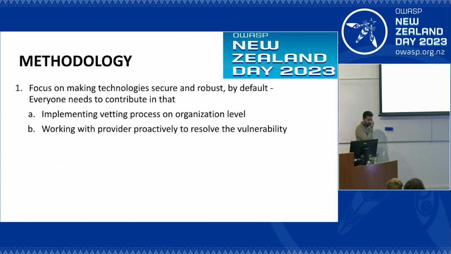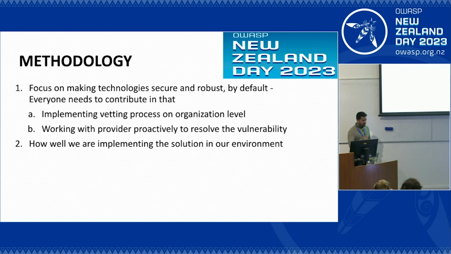Whenever we identify something, we work proactively with that vendor. As a software consumer, we can treat that finding or any security flaw as if it were our own product flaw, and work actively with them.